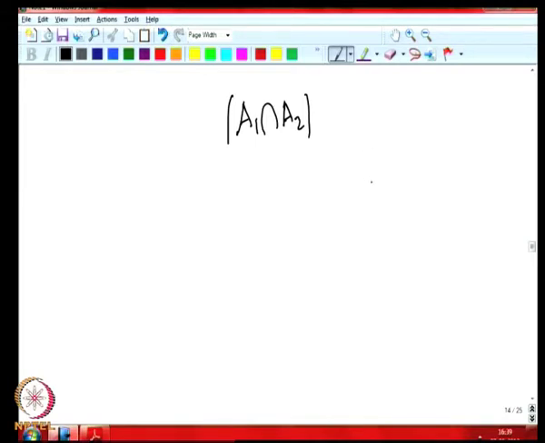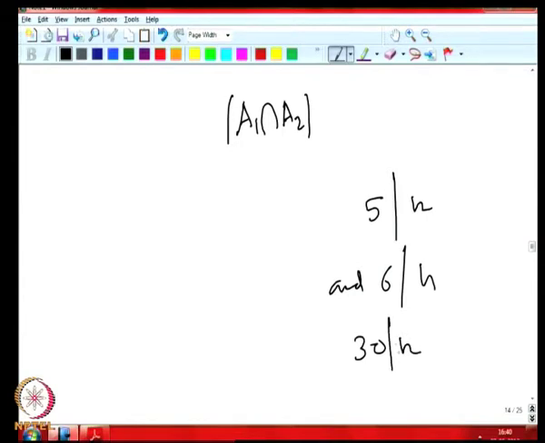Suppose 5 divides n and 6 divides n, it is clear that 30 divides n, and any number which is divisible by both 5 and 6 is divisible by 30, right.